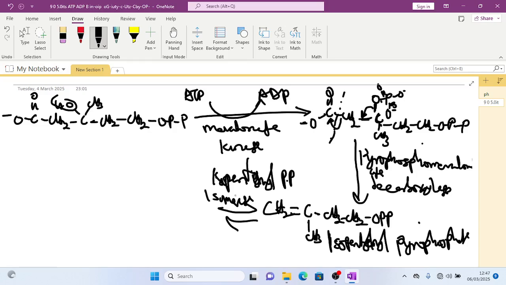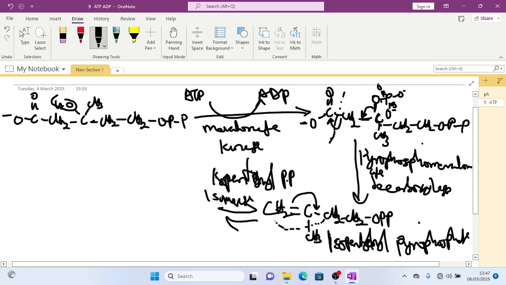So after it is isomerized, the isomerization is not too intuitive in a way. It just involves abstraction of a proton, like this double bond shift. One of the protons from the solvent will be given to this. So we get a new product. The new product looks like this.